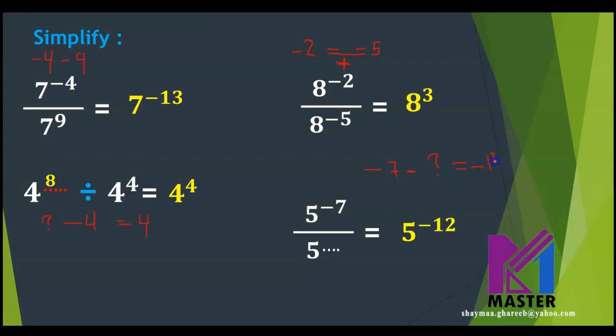What do you think? It will be number 5. Negative 7 minus 5 gives negative 12. Then the missing power here will be 5. Is this clear?